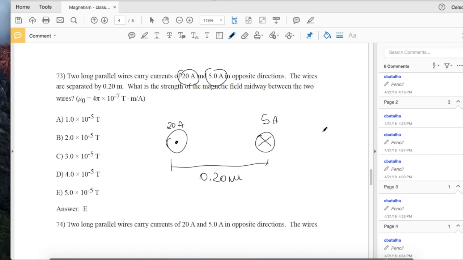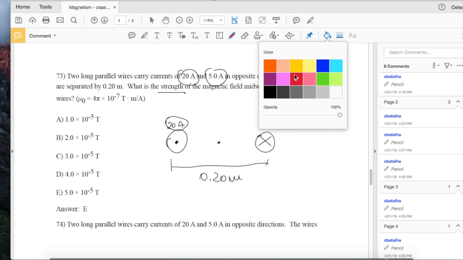What is the strength of the magnetic field midway between the 2 wires? So somewhere here. Strength means we just want the number associated with the field and not the direction. But let's try to get the direction too. So how do we figure that? According to this drawing over here, let's take this current and make it red.